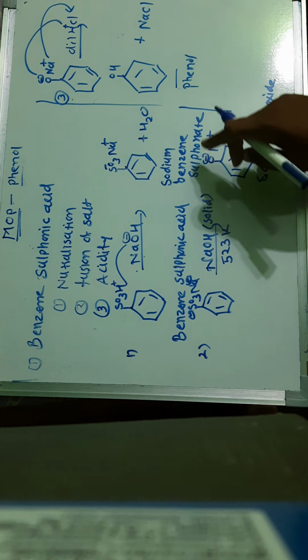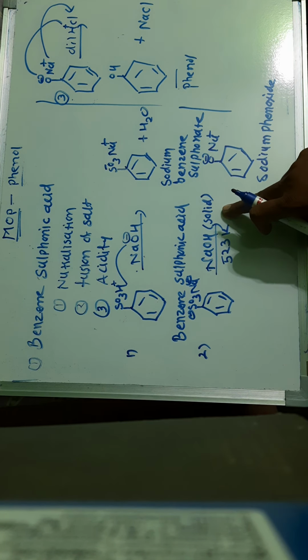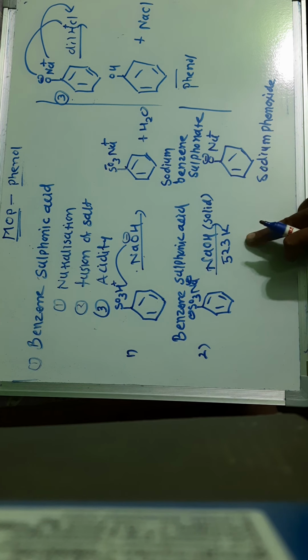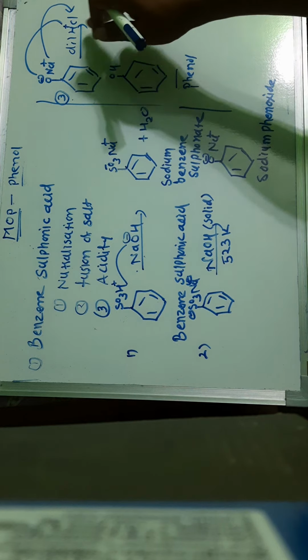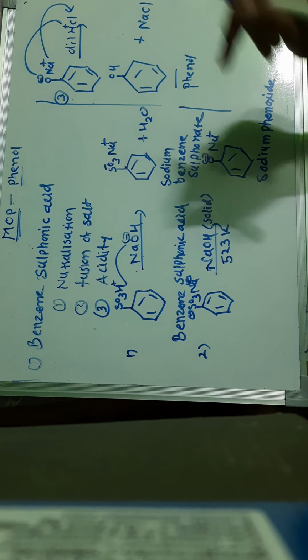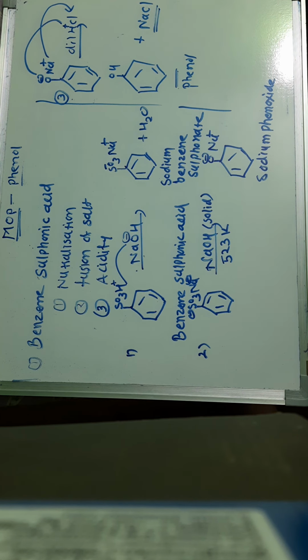When the sodium benzene sulfonate salt is fused with solid NaOH at 523 Kelvin, we get sodium phenoxide. And finally, when we acidify this sodium phenoxide with dilute HCl, we get phenol, and the byproduct NaCl is liberated. Okay, this is the second last method of preparation of phenol.